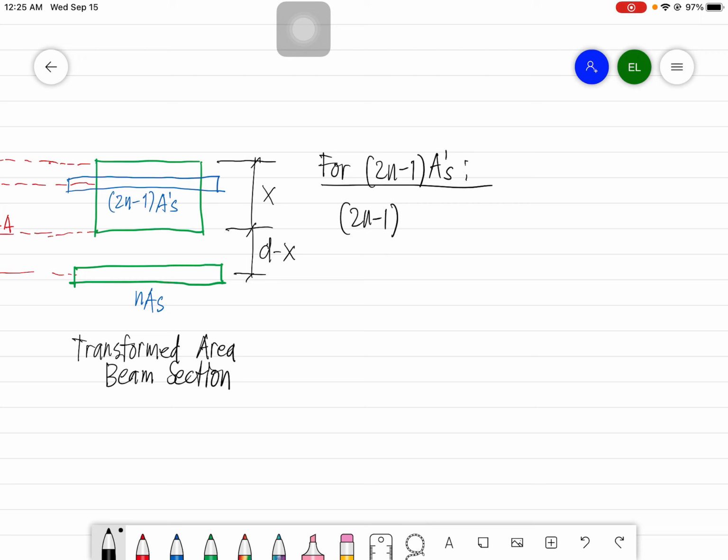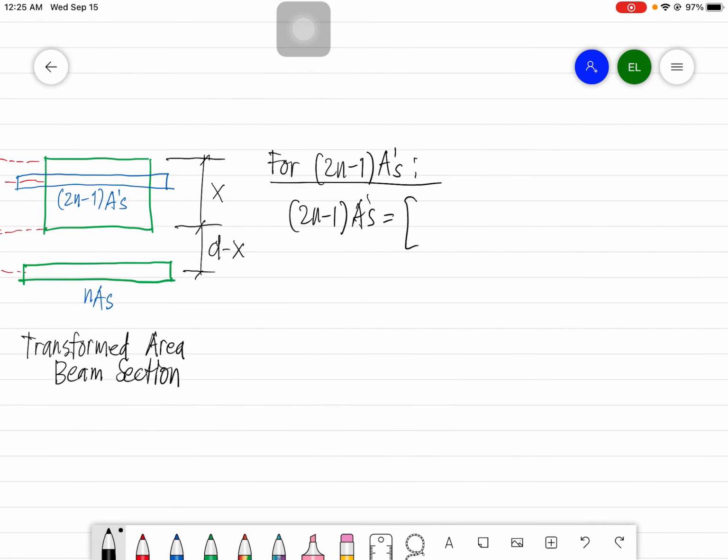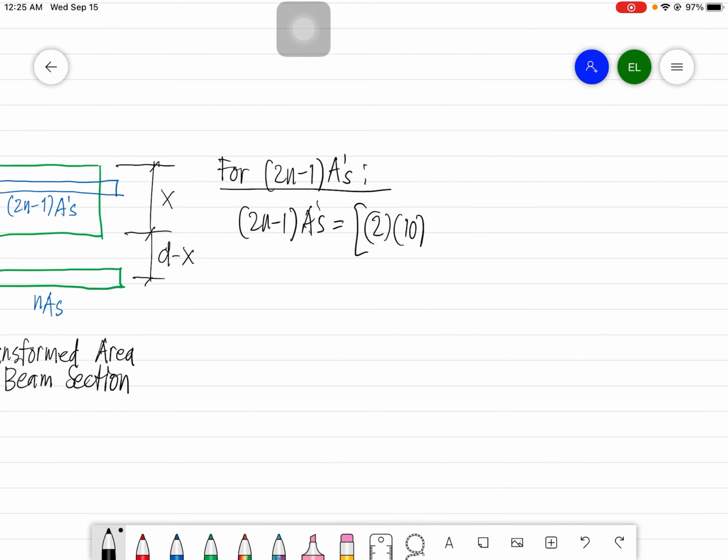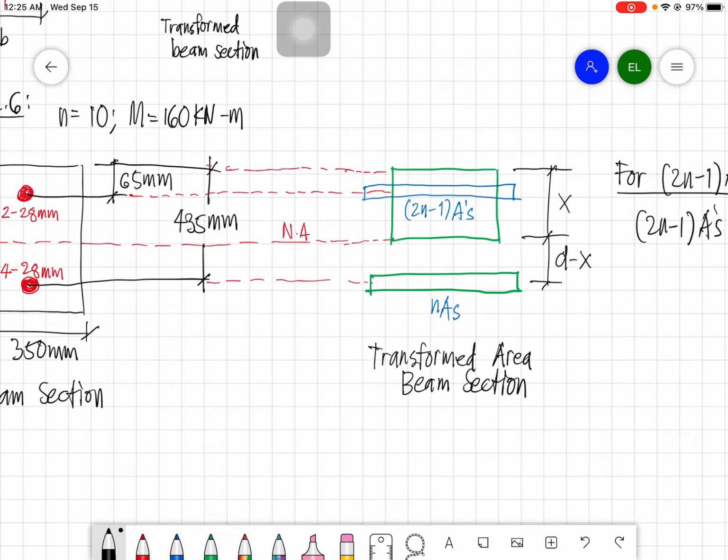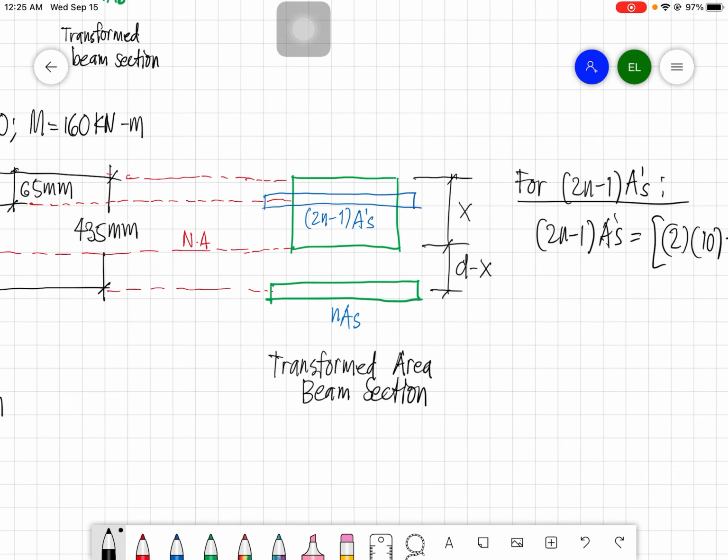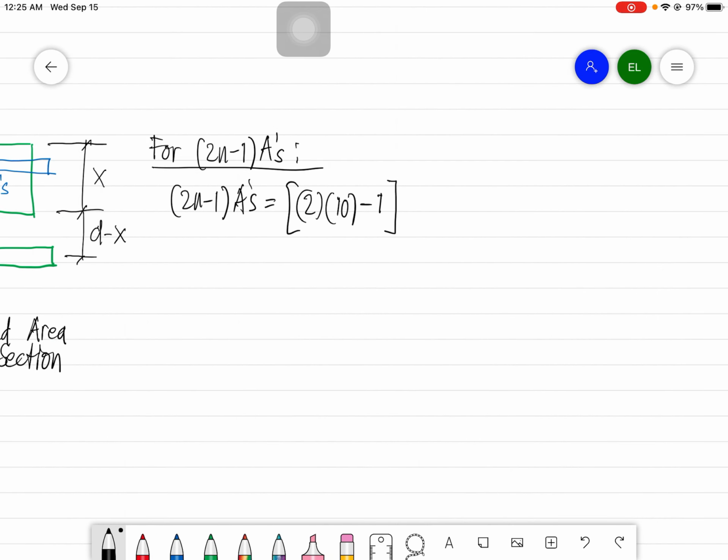So 2n minus 1 As prime is equal to 2, given n equal to 10, minus 1, then As prime, take note that our As prime is 28 mm, so meaning this is 2 times pi over 4 d squared.